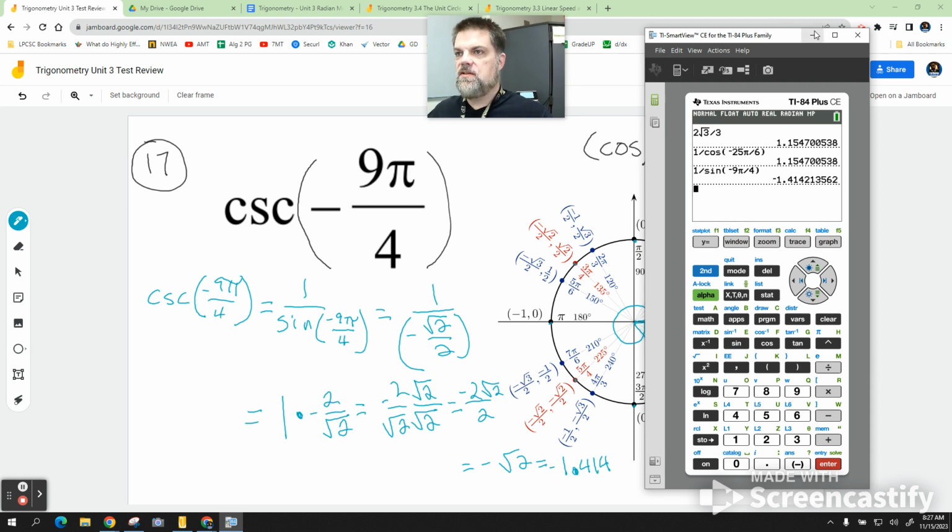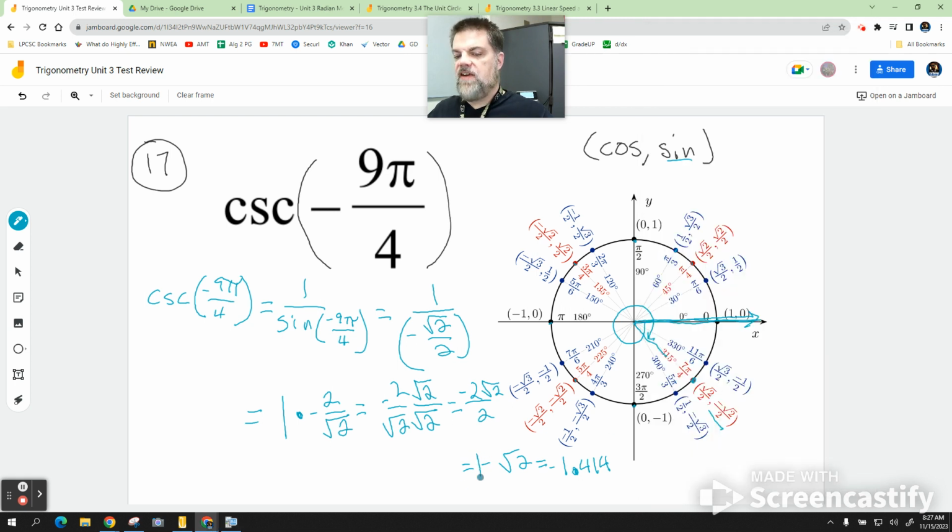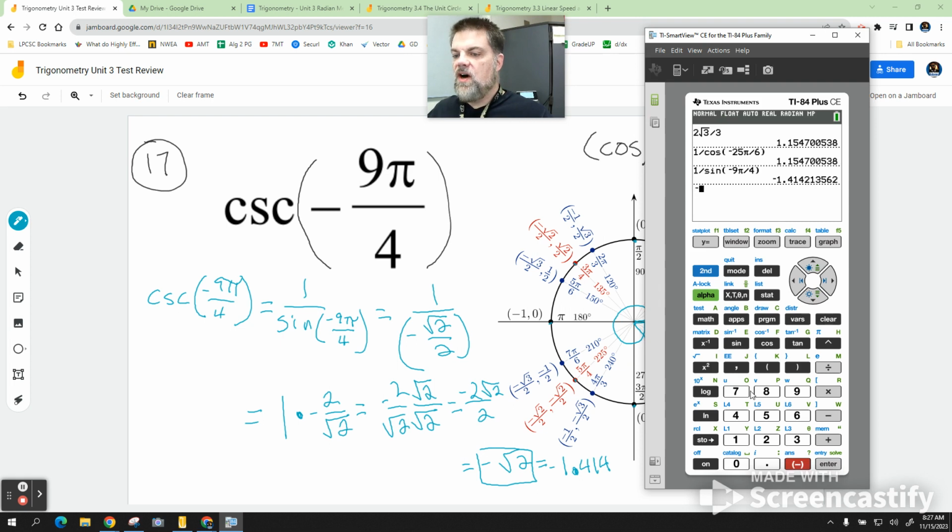Any questions? Yes. It actually says exact value. We just put it as a decimal to double check it. So this is my answer. And so what I really should have done is said, well, what is negative square root 2, right?